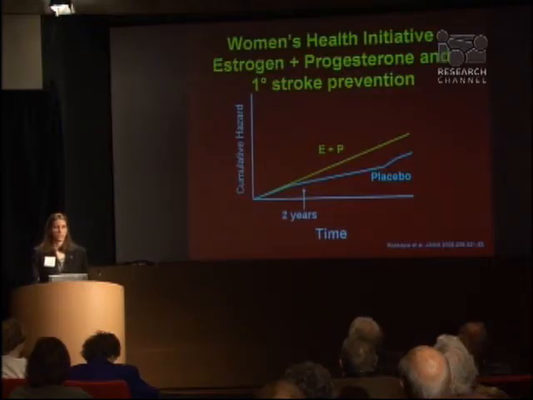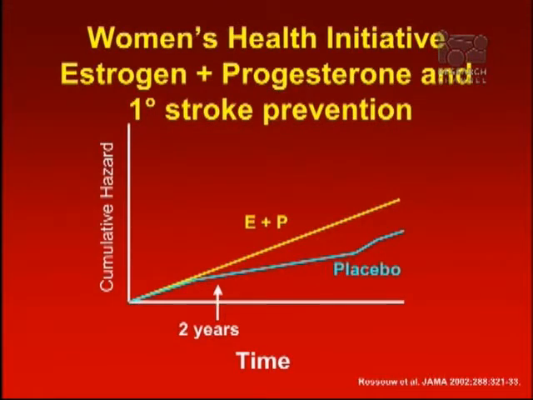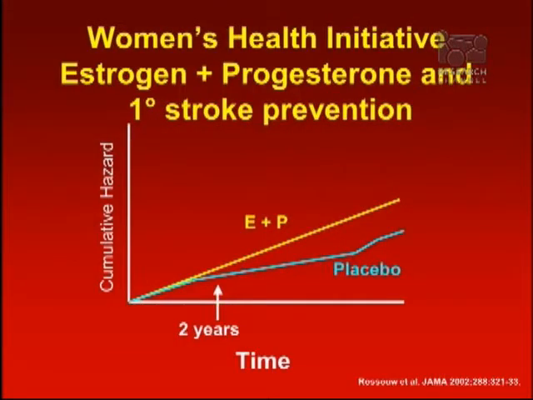These recommendations stem from a study called the Women's Health Initiative that was done in the 1990s. It took a large population of women, and they were randomized to receive estrogen and progesterone tablets or a placebo tablet. The study was actually stopped prematurely because they found increased rates of breast cancer.